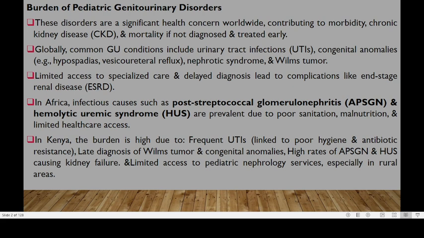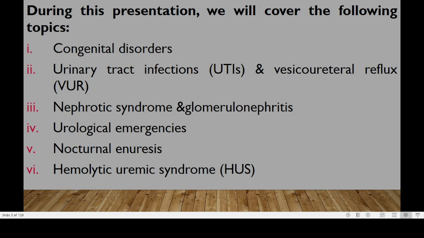We also have late diagnosis of conditions like Wilms tumor or nephroblastoma and congenital anomalies. There are high rates of post-streptococcal glomerulonephritis and hemolytic uremic syndrome, which causes kidney failure. Limited access to pediatric nephrology services, especially in rural areas, normally exacerbates the problem.